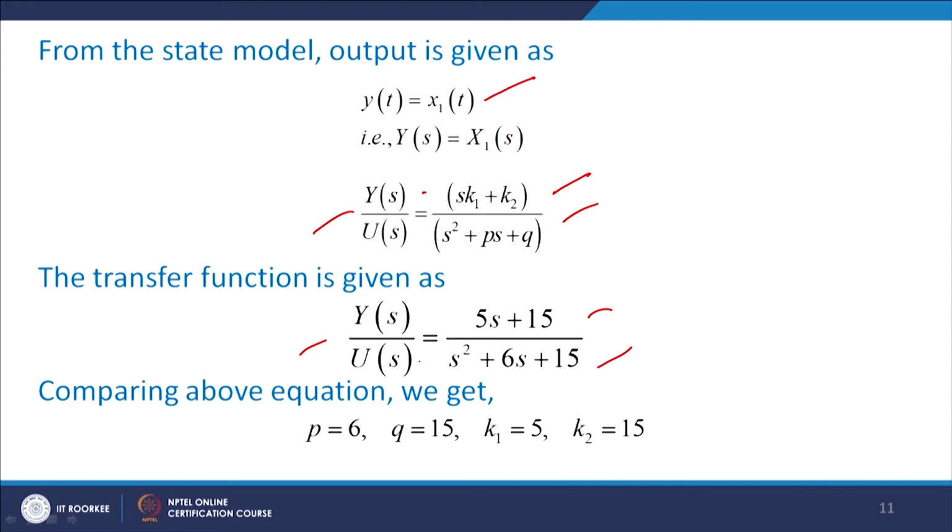After comparison we will find that this is p, this is 6s, so p corresponds to 6. Now q corresponds to 15, k1 corresponds to 5 and k2 corresponds to 15. In this way we have determined the unknowns in the state space model.